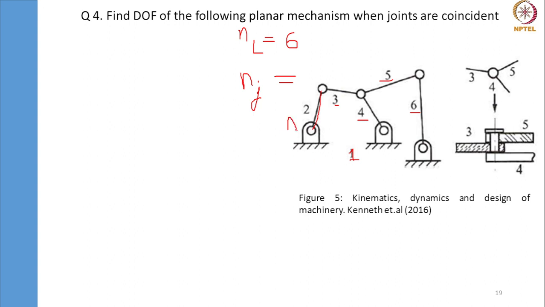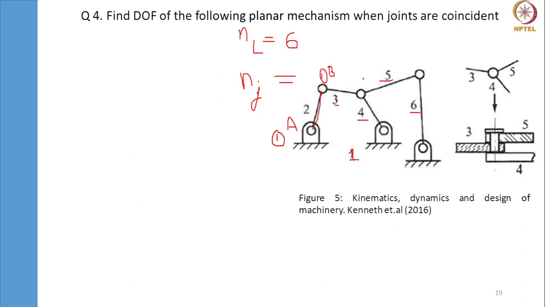So this is joint A, which is a revolute joint having 1 degree of freedom. I'll maybe circle it. This is one more revolute joint B, which has 1 degree of freedom.